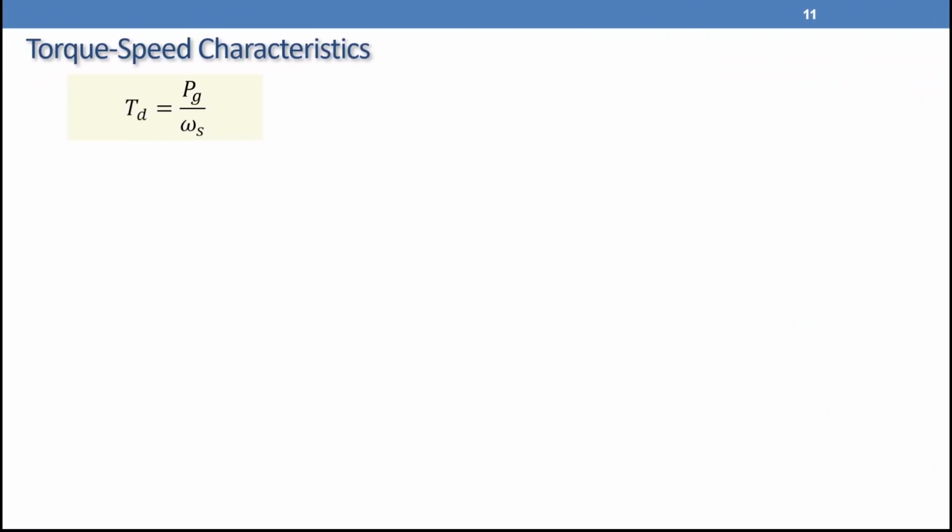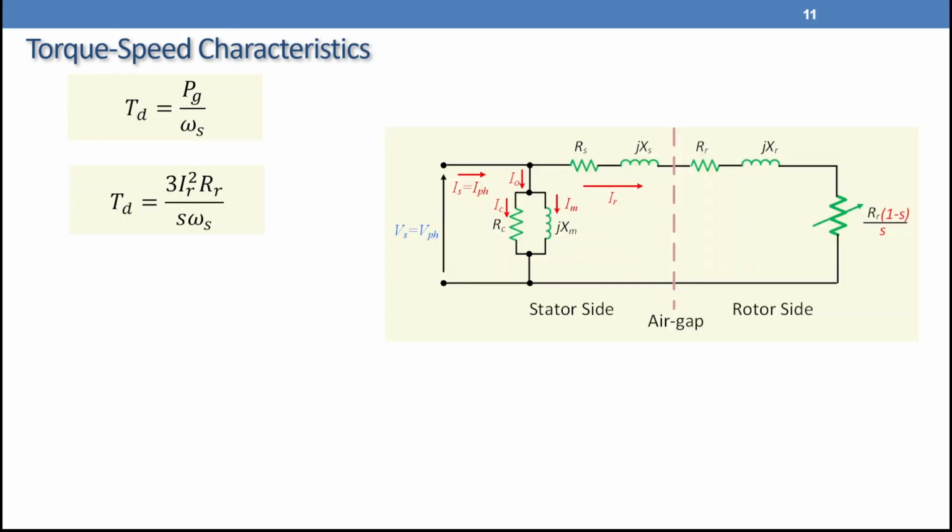So developed torque equals P gap over omega S. We are going to substitute from the power flow diagram for P gap. Torque developed equals 3 I rotor square R rotor over S omega S, since P gap equals 3 I rotor square R rotor over S. From the approximate equivalent circuit, or second approximate equivalent circuit, we are going to use here, we need to calculate I rotor.